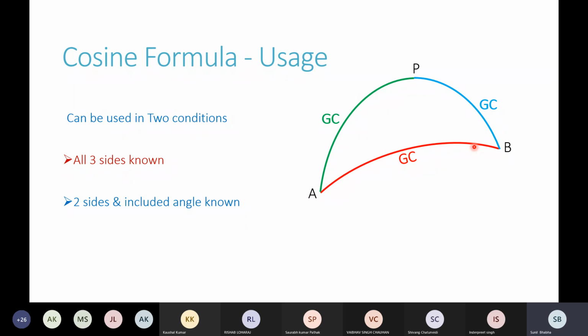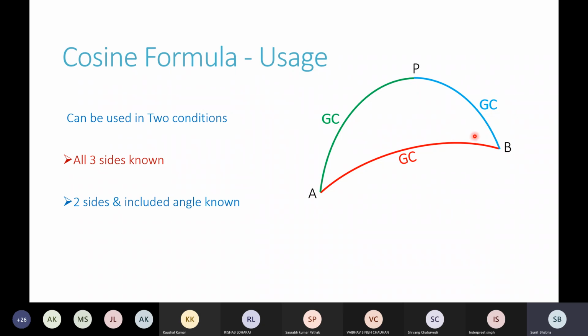If you know an angle other than the included angle, then in that case, cosine formula will not be applicable. So to give you an example, if you know side PA, the green color side, and side PB, the blue color side, and you know angle A. In this case, angle A is not the included angle, and we will not be able to use the cosine formula here.